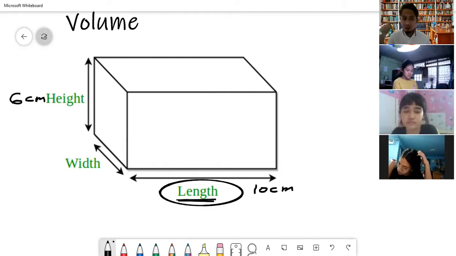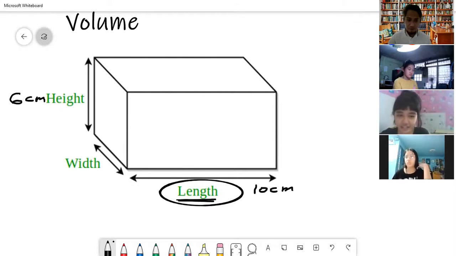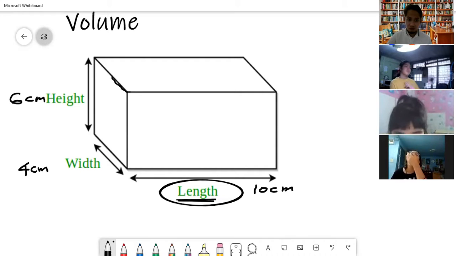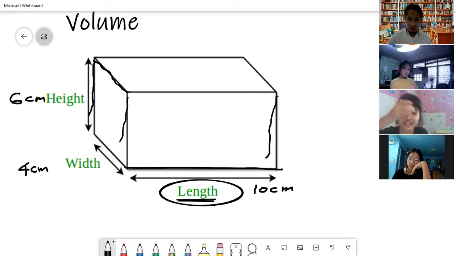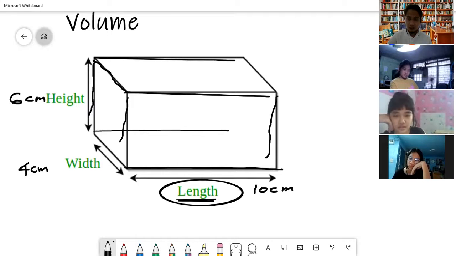Okay, how about the width? 4 centimeters, so this is 4. The 6 here, the 10 here, also 10 like that.